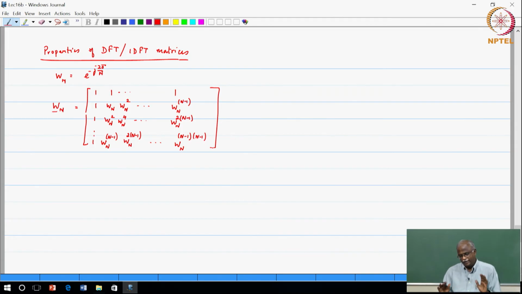Again, exactly what you would have studied in DFT, IDFT relationships. So, this is what we refer to as the DFT equation.